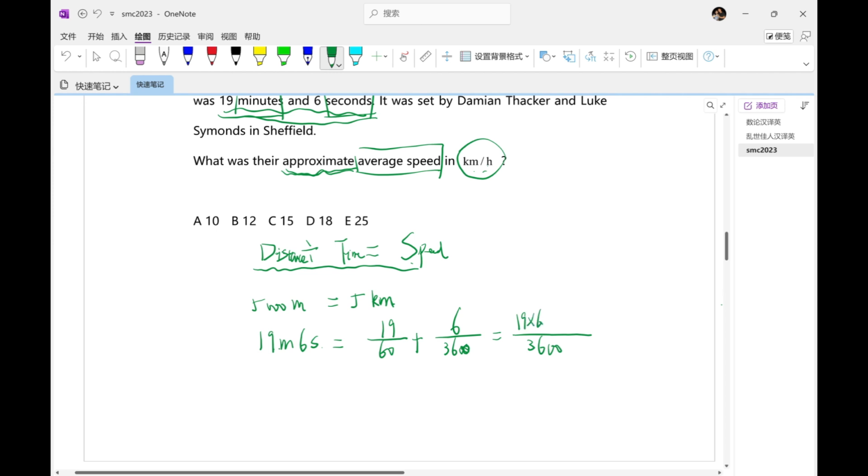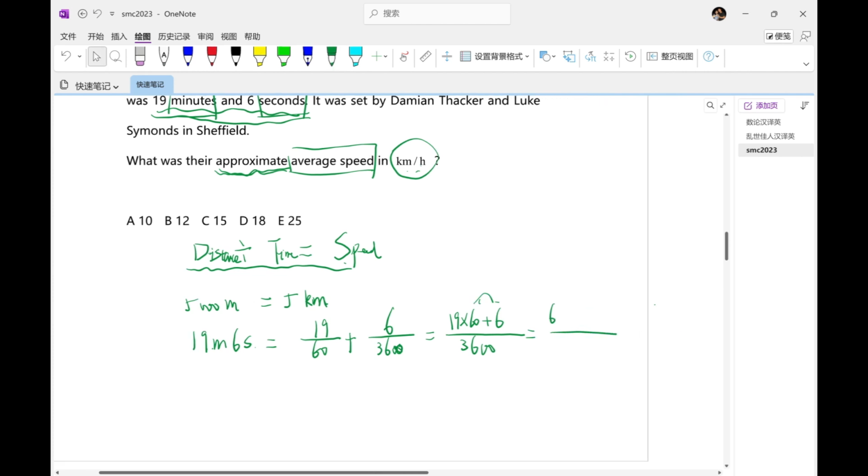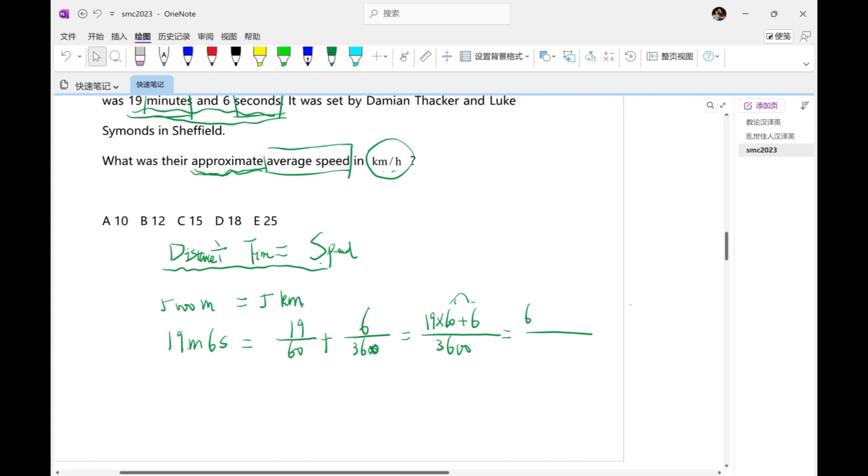The numerator is 19 times 60 plus 6, and we extract 6 out to simplify this operation.